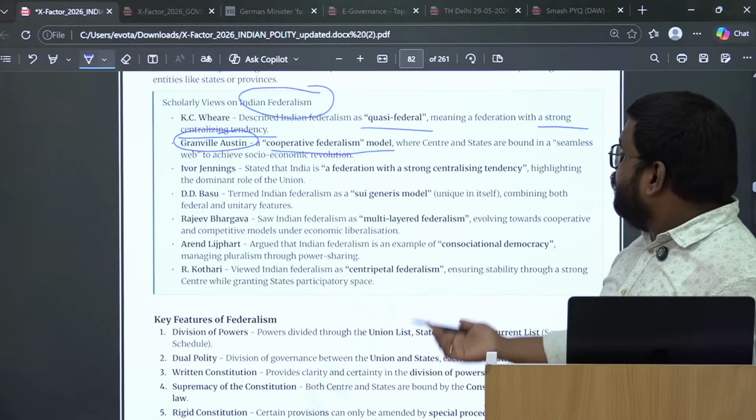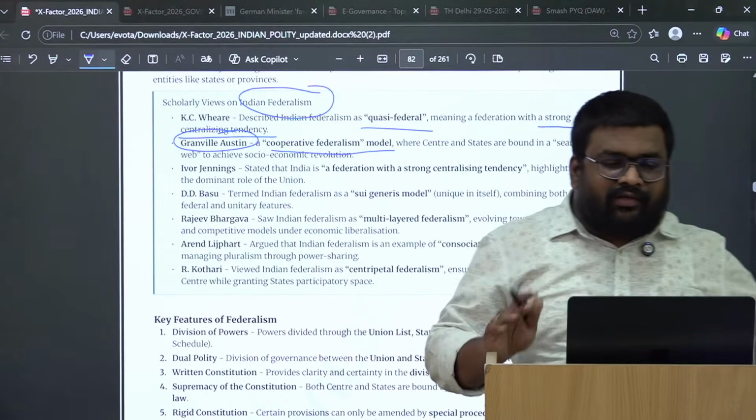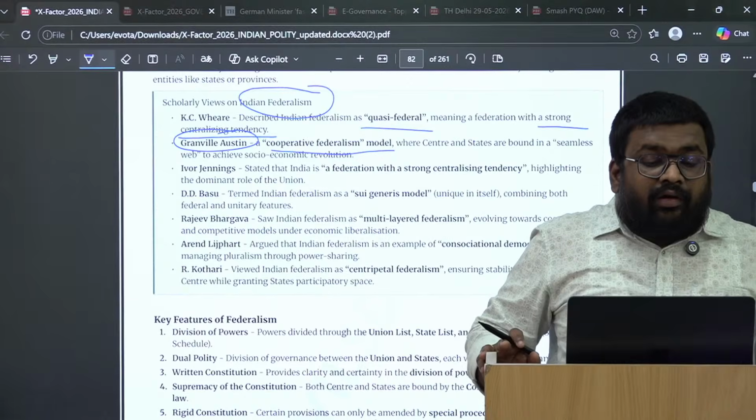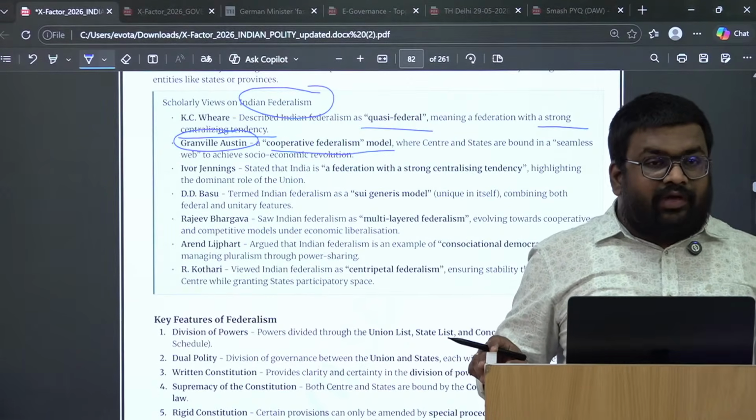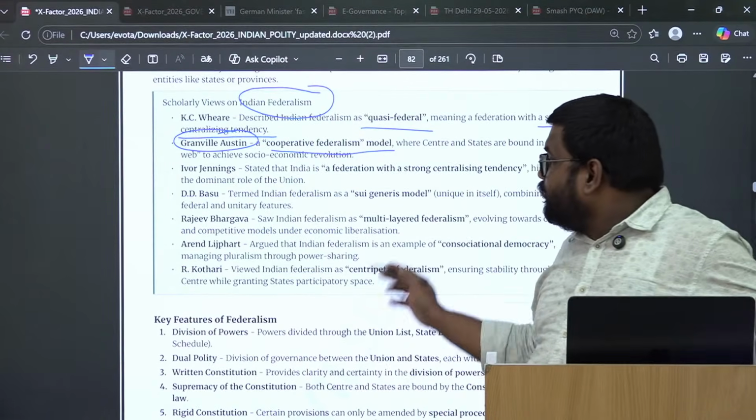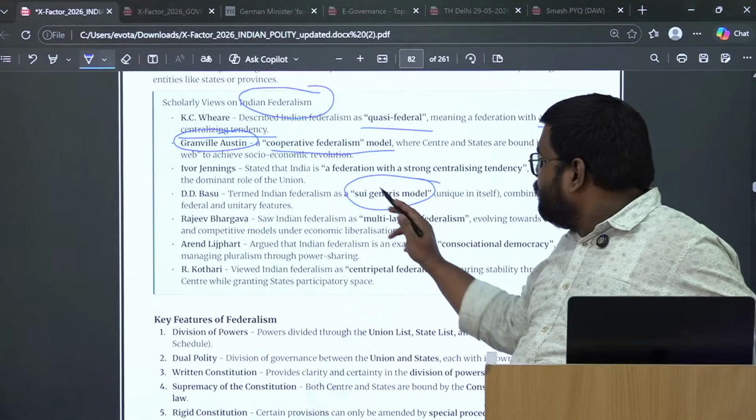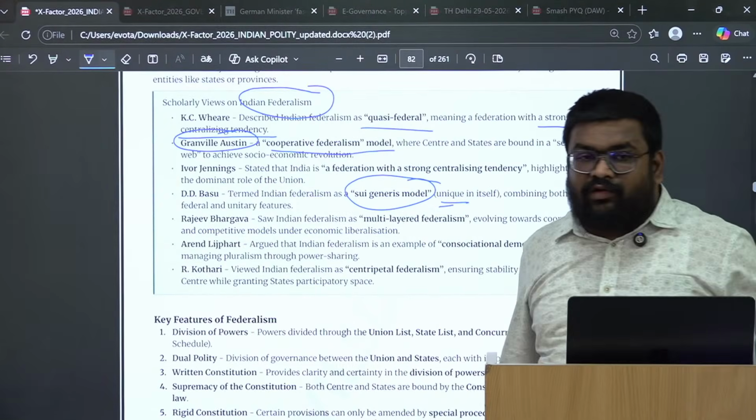ठीक है, third, if they are asking you about the significance of Indian federalism. So significance, sui generis model means Indian model is unique in itself.